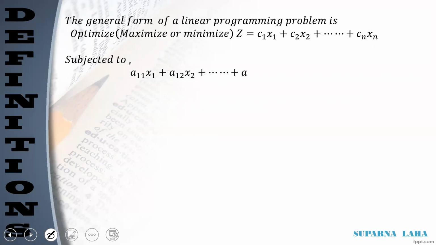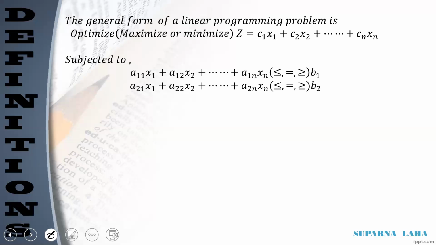a11x1 plus a12x2 plus dot dot dot up to a1nxn, and it is less than or equal to, greater than or equal to, or equal to, whatever condition was given in the problem. According to that, we will choose the sign, and it is less than or equal to or greater than or equal to b1.